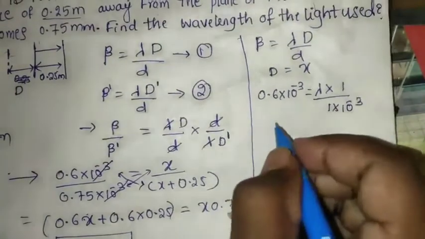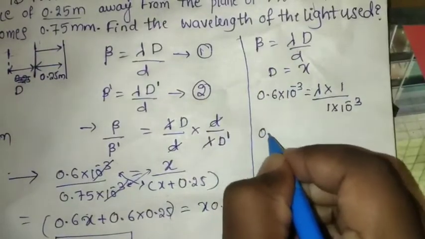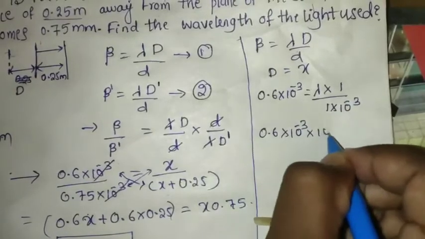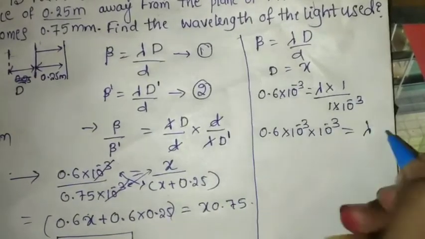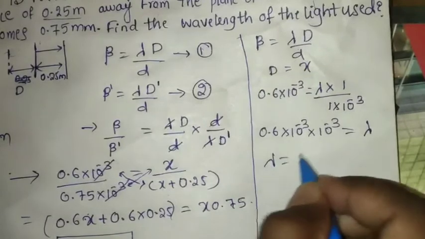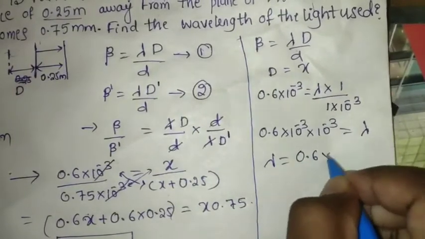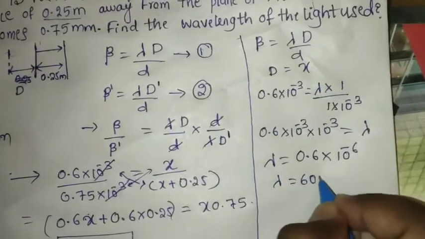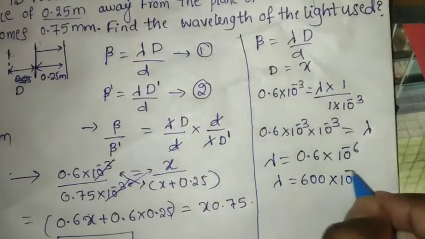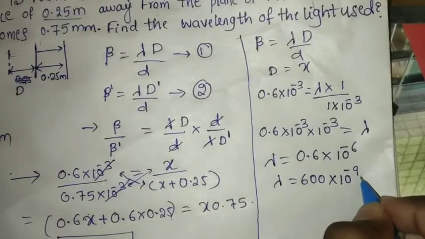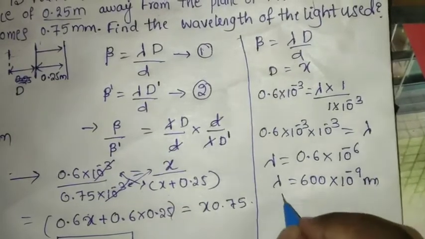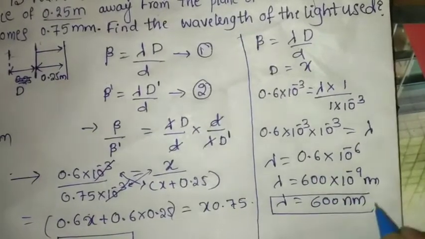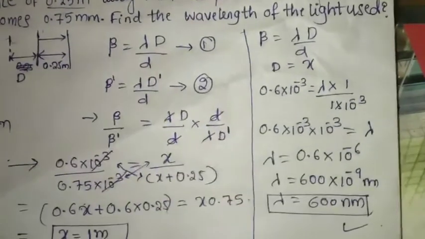After cross multiplication, 0.6 into 10 to the power minus 3 into 10 to the power minus 3 equals lambda. So lambda equals 600 into 10 to the power minus 9 meter, or 600 nanometer. 600 nanometer is the correct answer.